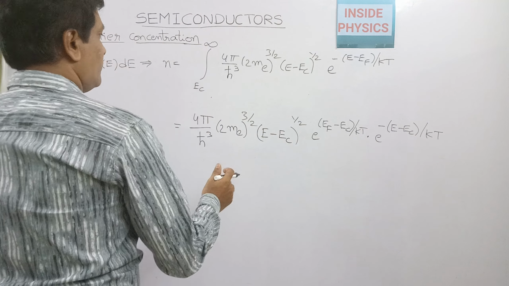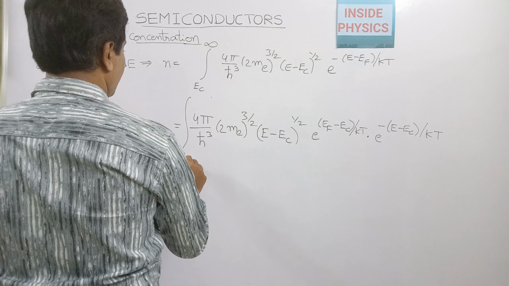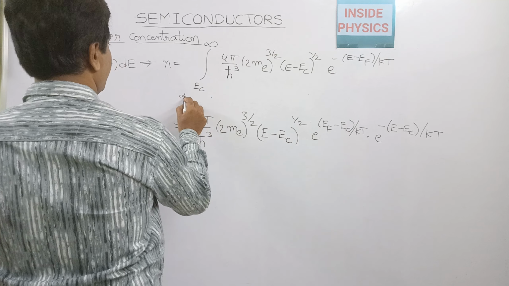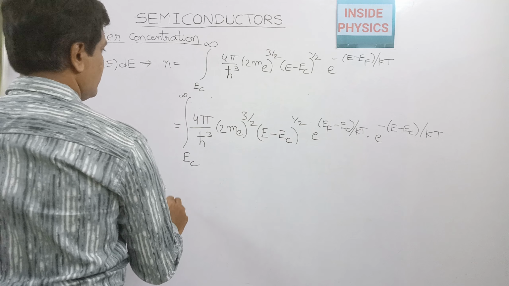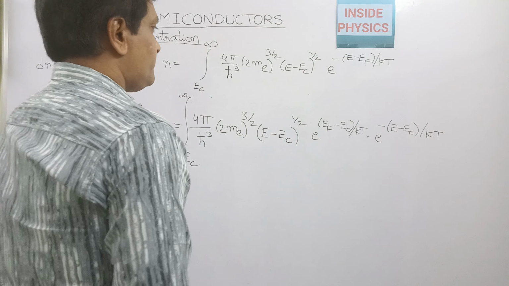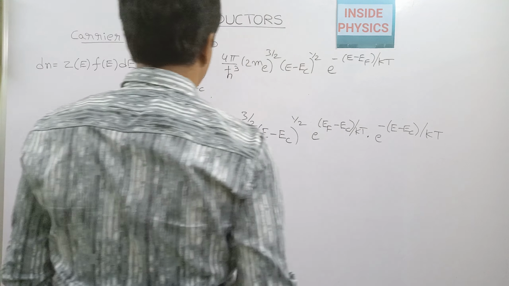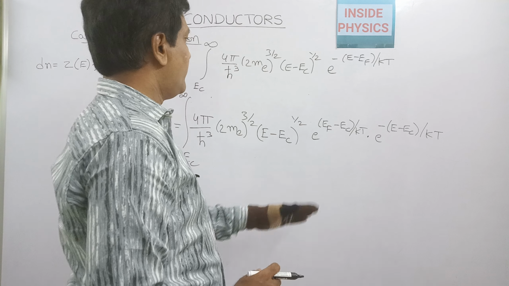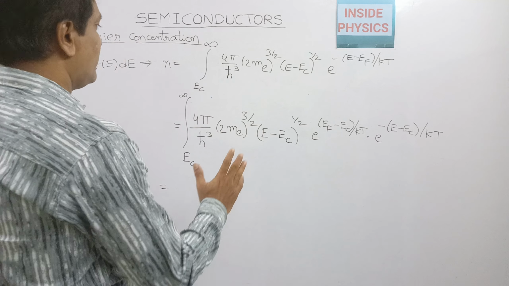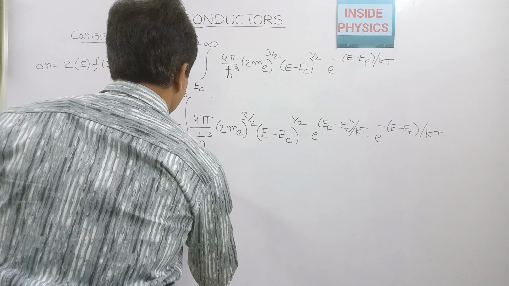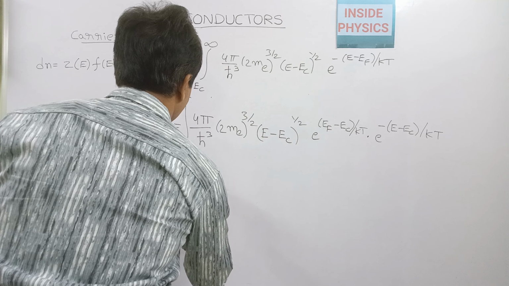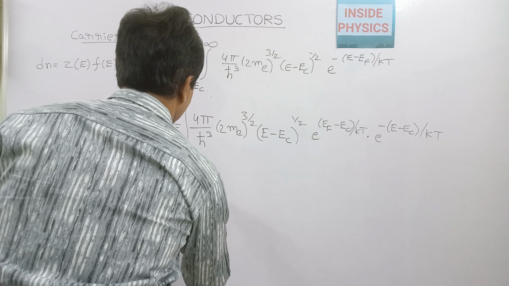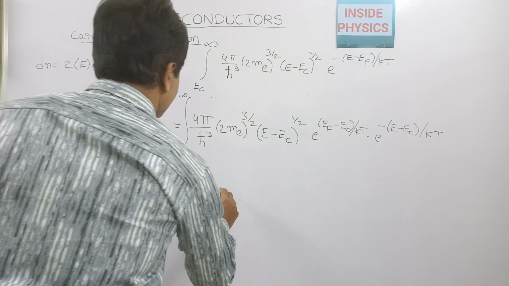Now this is for the total integration between the limits. I will take the forms which are integrable, and I will take the non-integrable forms outside the integration.